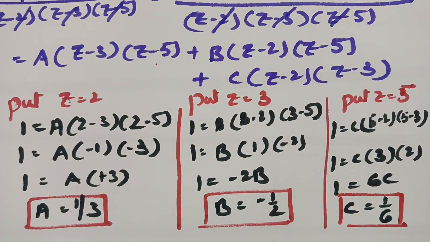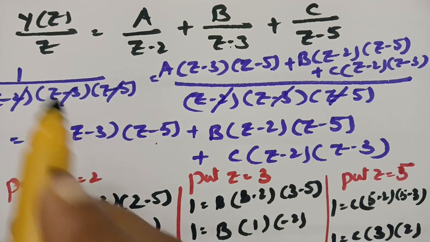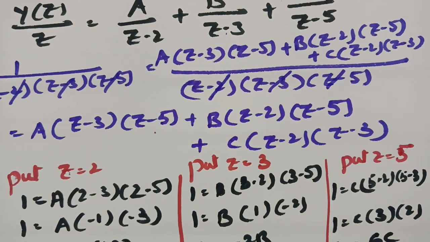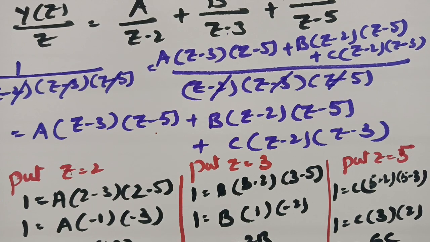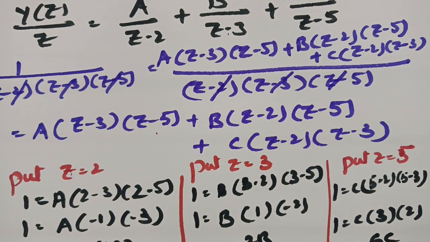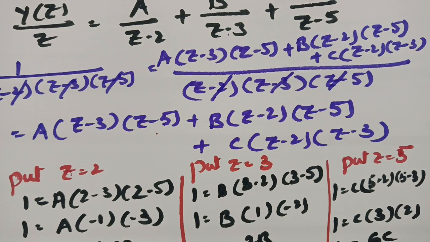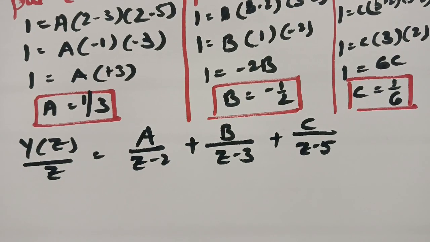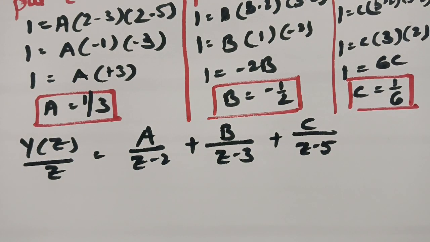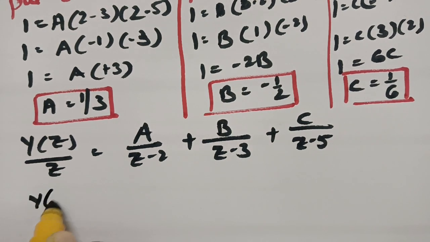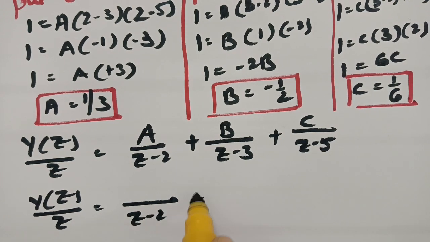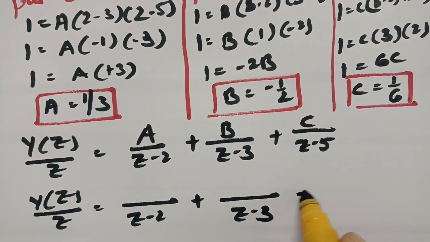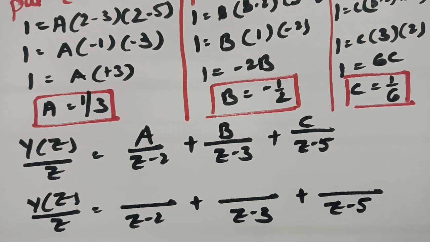So after getting A, B, C values, now we have to substitute in this equation. Y of z by z is equal to a by (z minus 2) plus b by (z minus 3) plus c by (z minus 5).